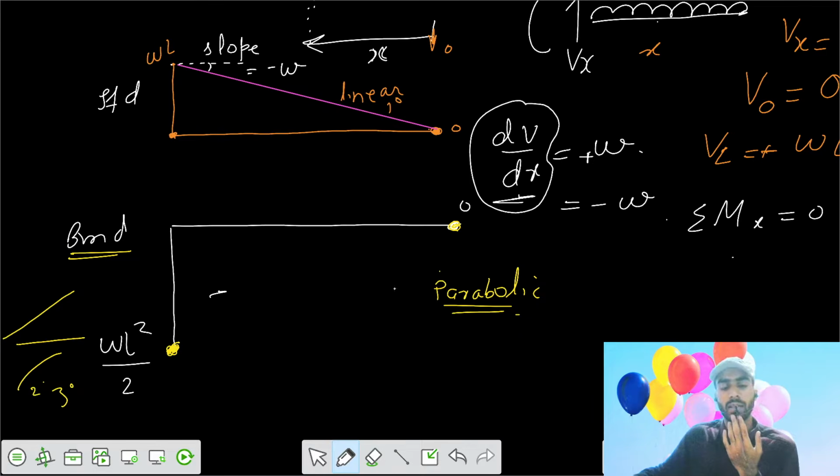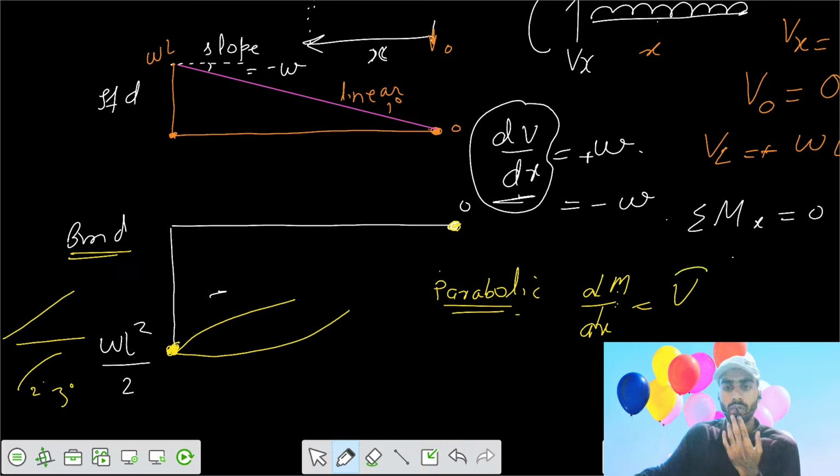We can get that. So let's say we have the parabolic variation. But should I go this way or this way? Let's say we have the equation dM/dx equals shear force. So the slope of the bending moment diagram equals the shear force at that point.